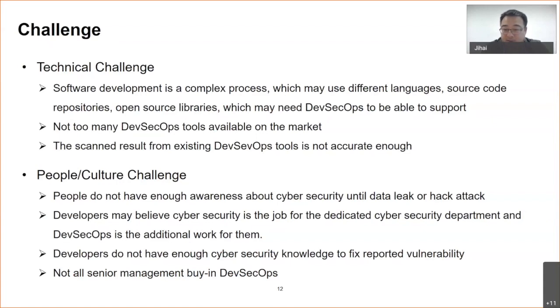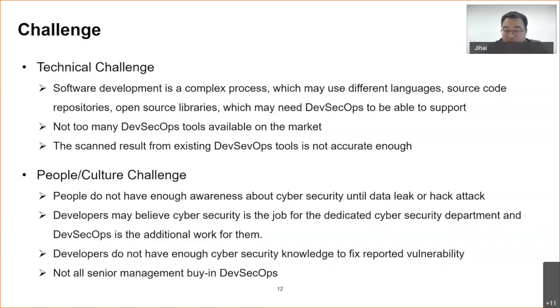Like I mentioned already, people don't believe this is their job. They believe cybersecurity is too far away from business delivery, and that there's a dedicated team responsible for it. But if you can convince your senior manager to support you in promoting DevSecOps, it becomes another story.